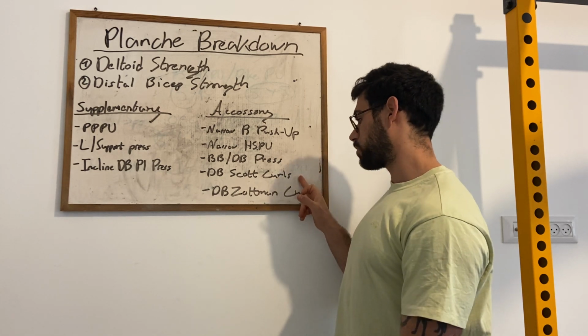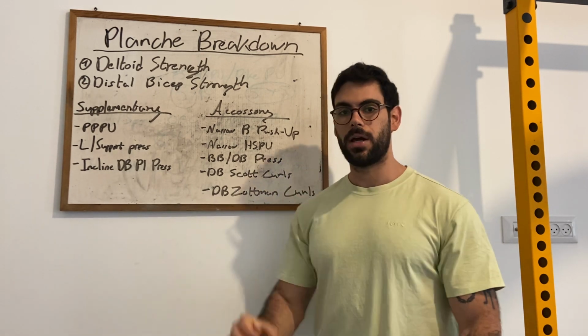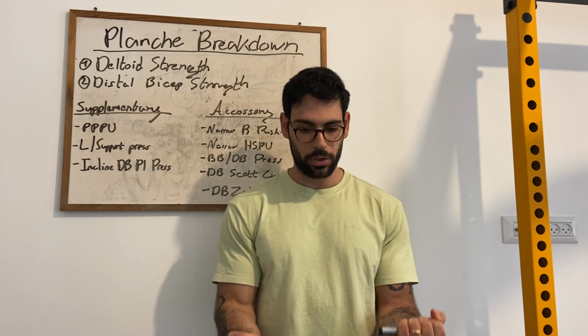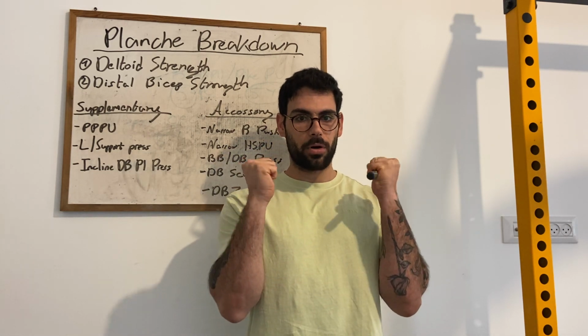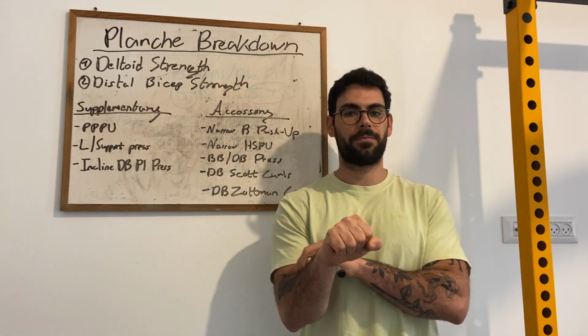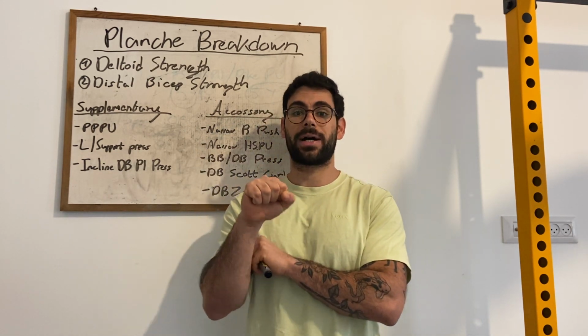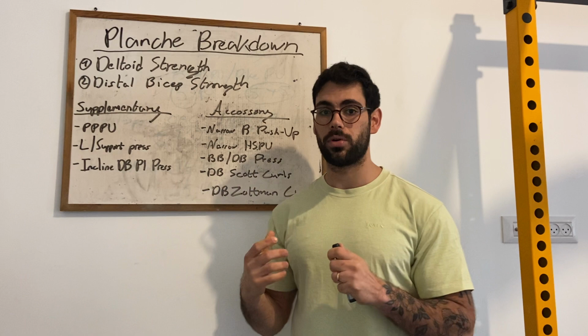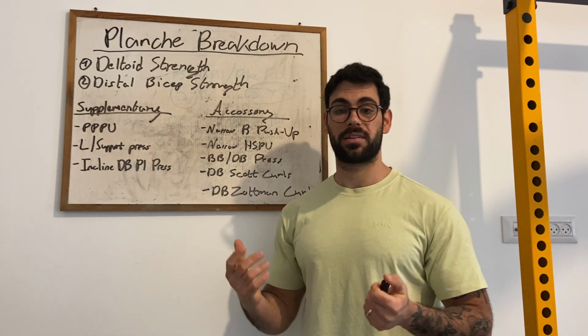So you can do dumbbell squat curls and dumbbell Zottman curls. Those are the ones where you curl up, rotate, and go down, and now you are working more of the brachioradialis and pronator teres, which are also neglected elbow flexors.